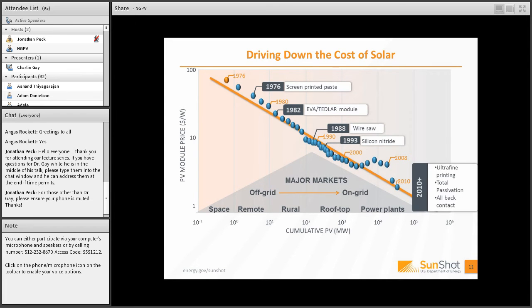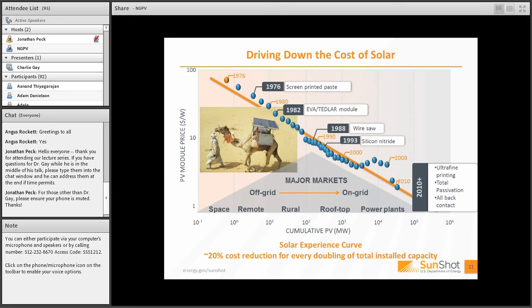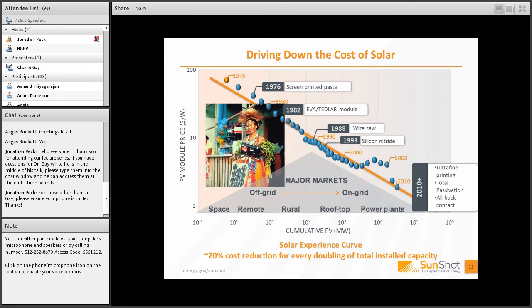So today we have a whole host of things that we do with silicon, and I'll describe a few of those in later slides. Another click here, and one more. You can see those remote applications morphing into rural applications.